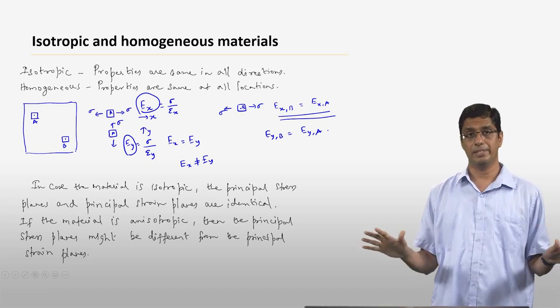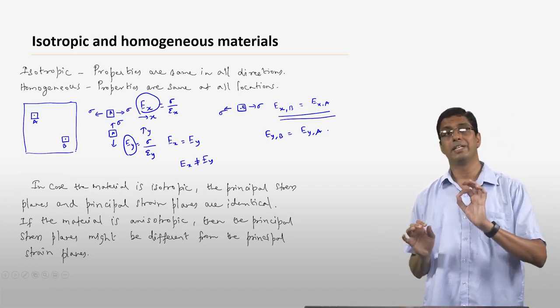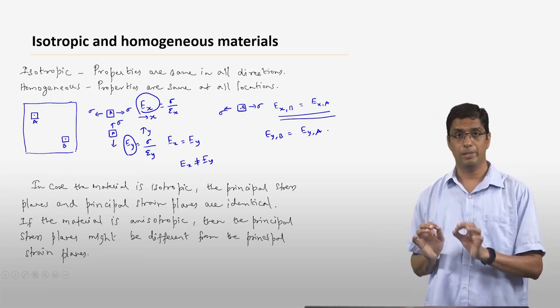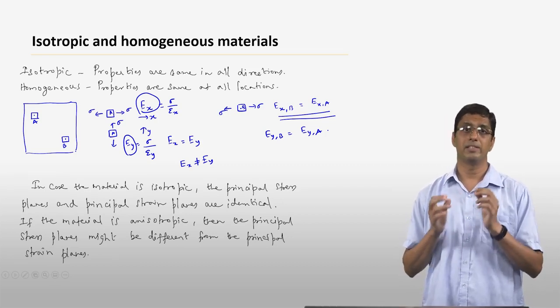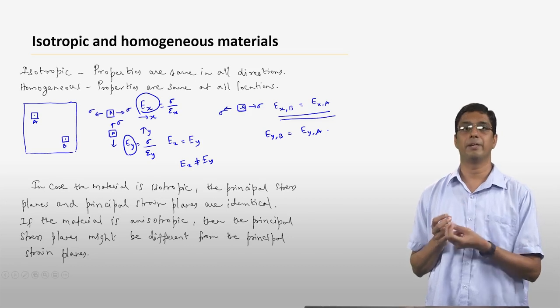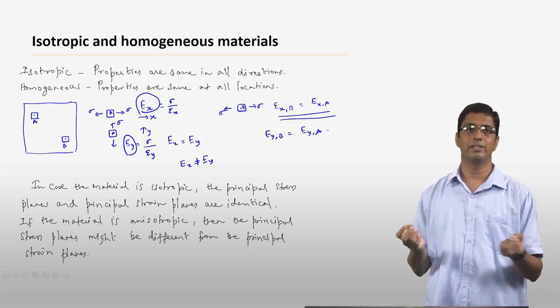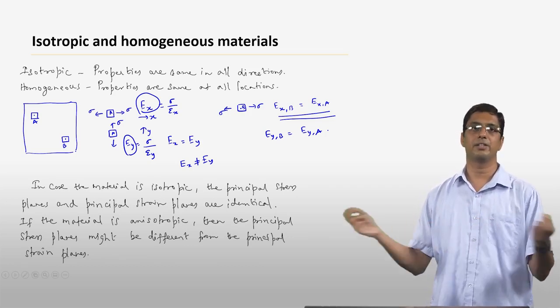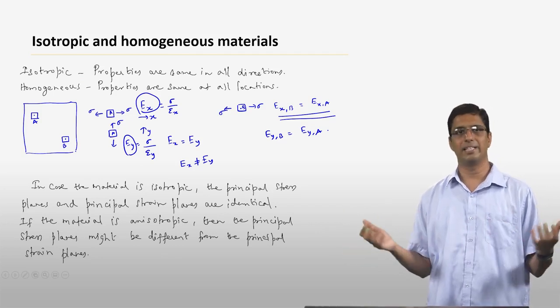If not, they need not be the same. We only talk about the isotropic condition because stress and strain are always defined at a point. It doesn't make sense to compare stresses and strains across two different locations because in general they will be different.